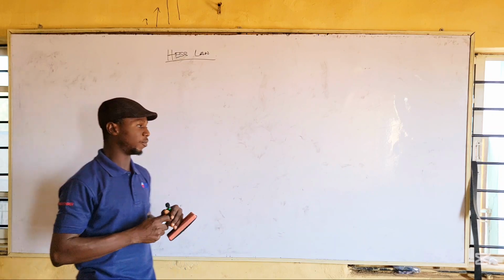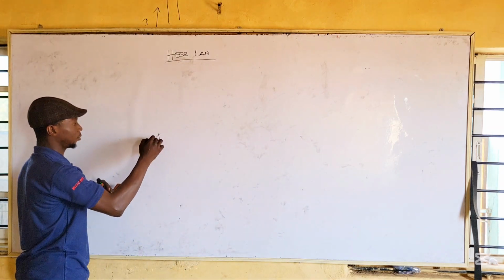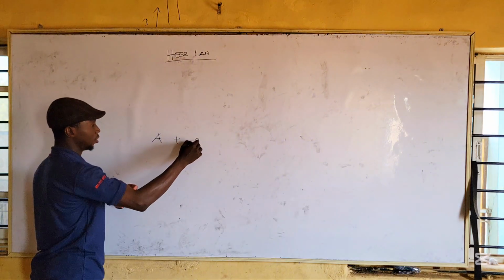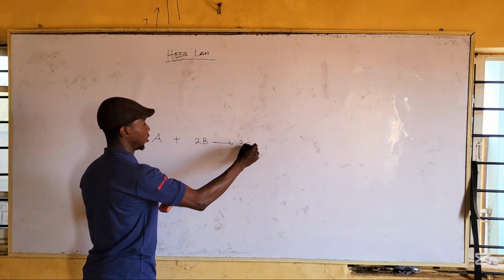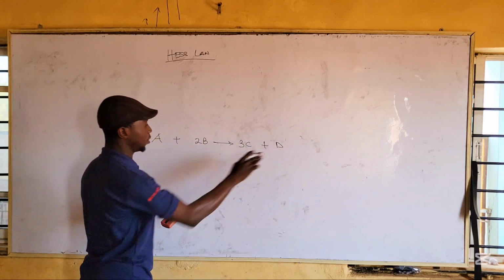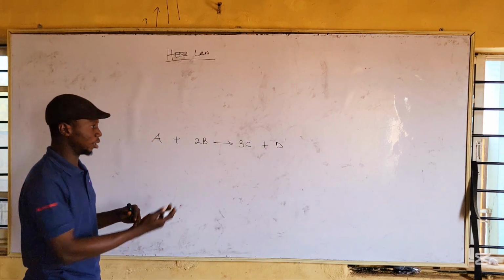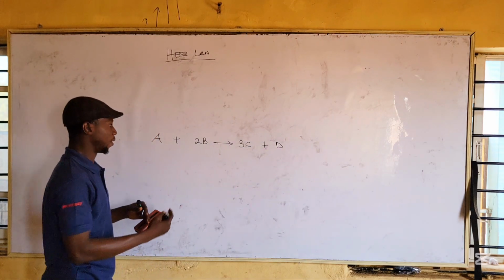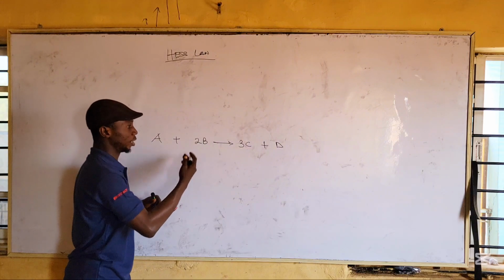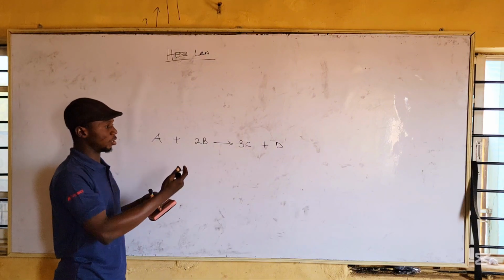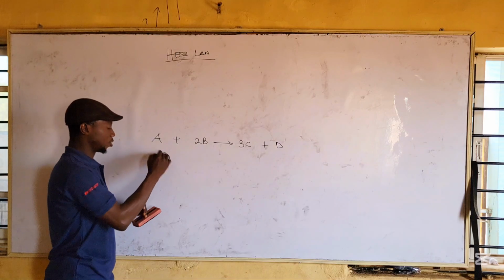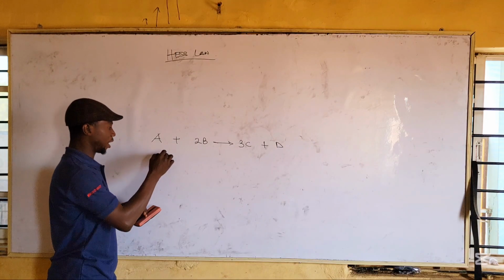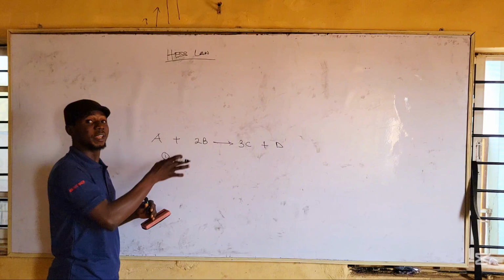For instance, if you have A plus 2B to give 3C plus D, supposedly, and the enthalpy of this reaction is not possible for us to measure directly, then we can have some other reactions that we can add together to get this main reaction.